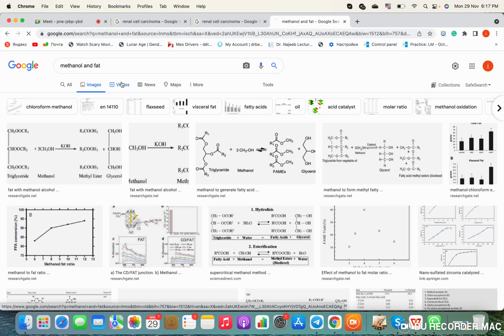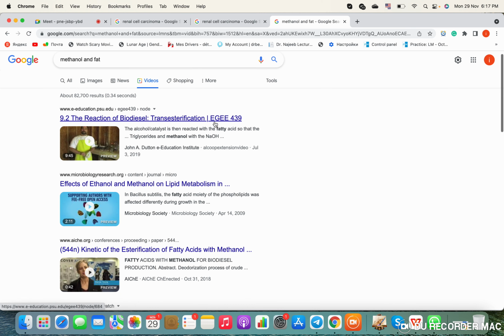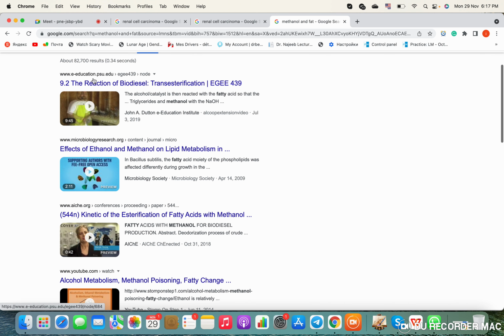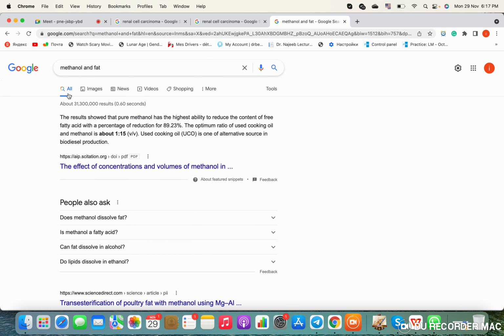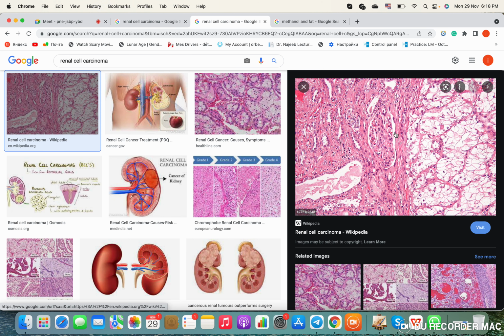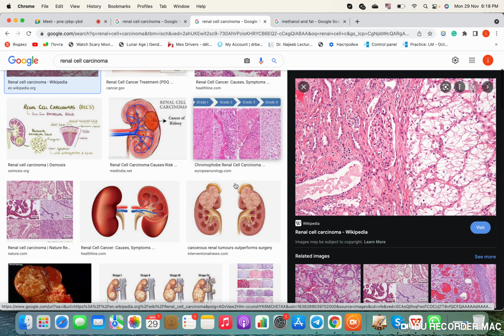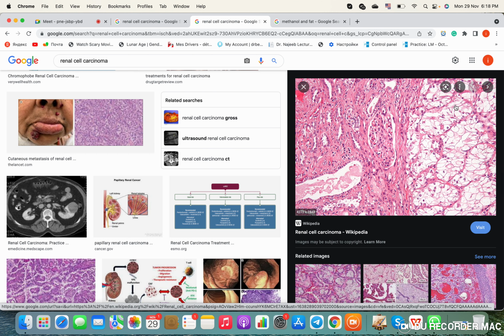It will dissolve. And when it dissolves, that basically means it disappeared. During the preparation of the histological specimen, we actually put alcohol on the specimen. When you put the alcohol, what happens to the lipid? It dissolves. That's why you have empty spaces. So this is renal cell carcinoma, also called clear cell carcinoma.